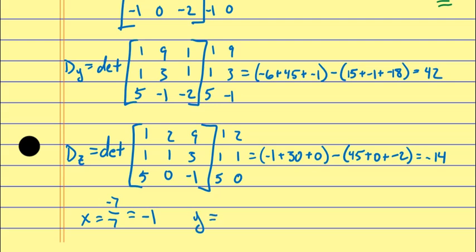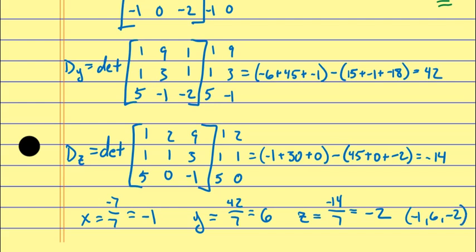And next for the y, I do the 42 that I got from that matrix divided by the coefficient matrix determinant, and that gives me a 6. And then for the z, I take the value that I got from the determinant of the z matrix divided by the determinant of the coefficient matrix, and I get a -2. Okay. And so for this particular answer, it looks like it's the ordered triple, -1, 6, -2.